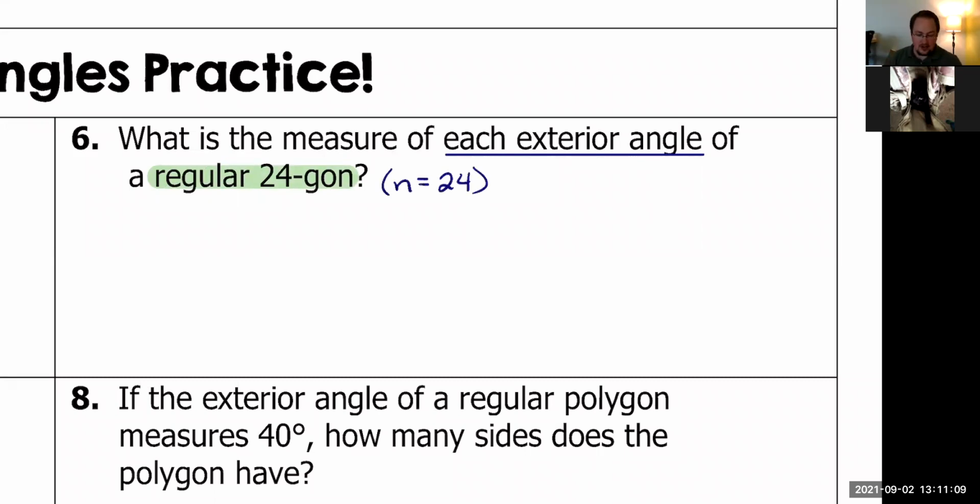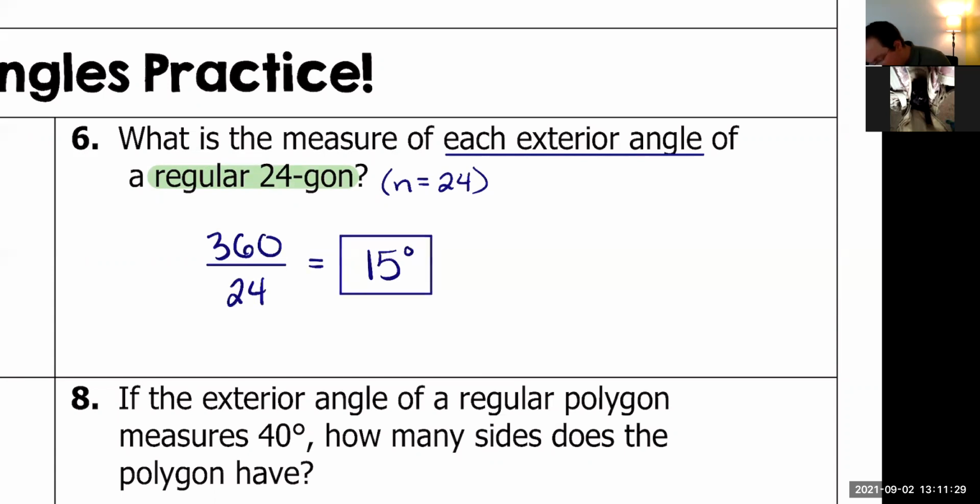How am I going to calculate the measure of each of those angles? 360 divided by 24. 15 degrees, which hopefully doesn't shock us too much, because as we started to notice a pattern above, the more angles or sides there are, the less each of those angles can be if the total is still stuck at 360 degrees. And that total is only for the exterior angles. Interior, those change, those increase. Exterior, stuck at 360.